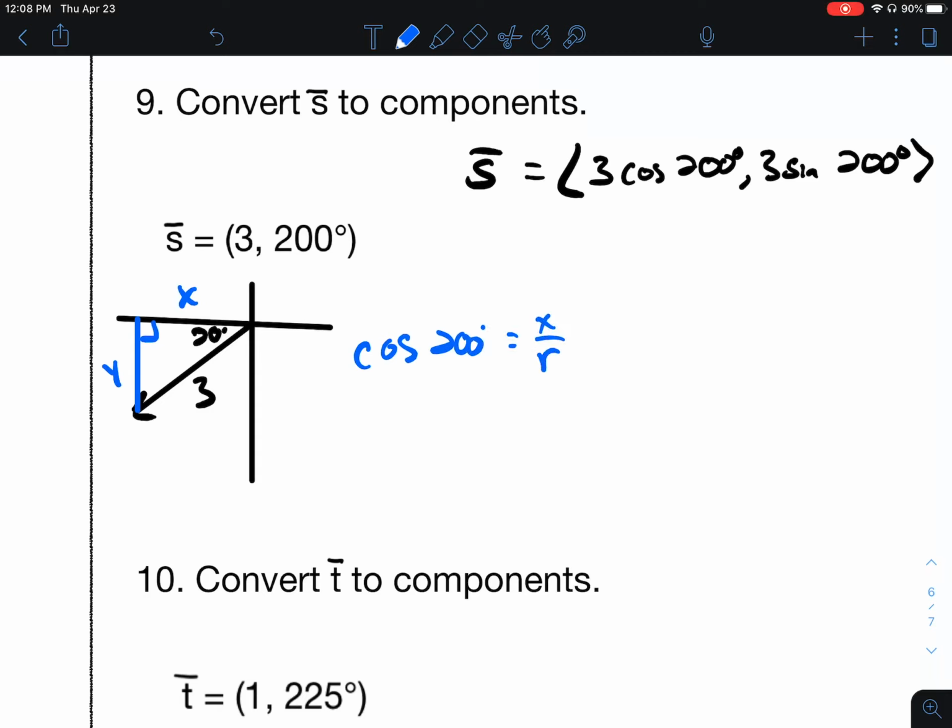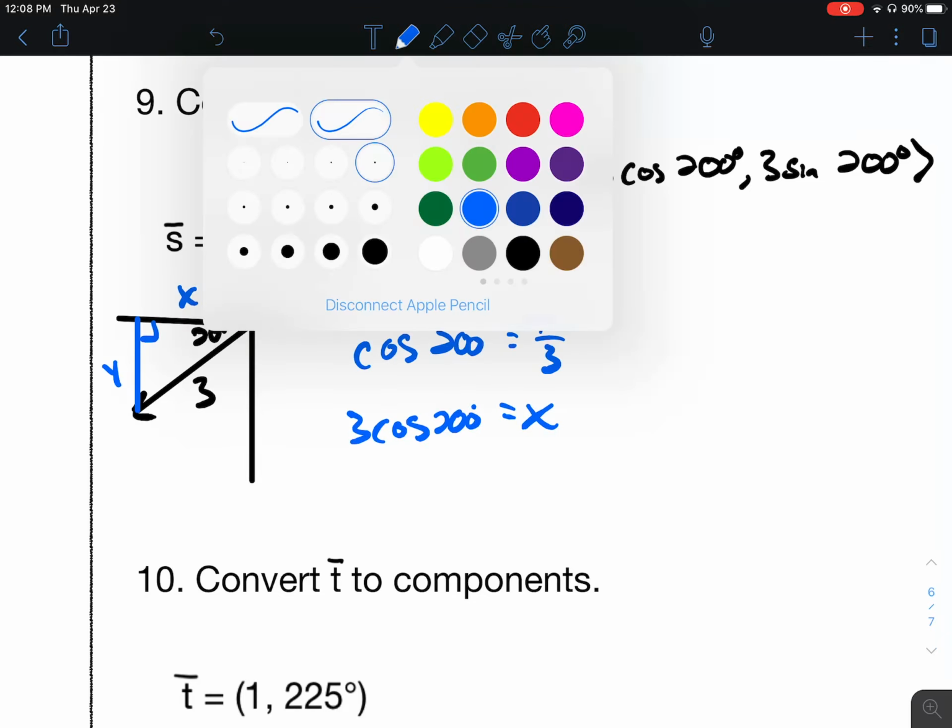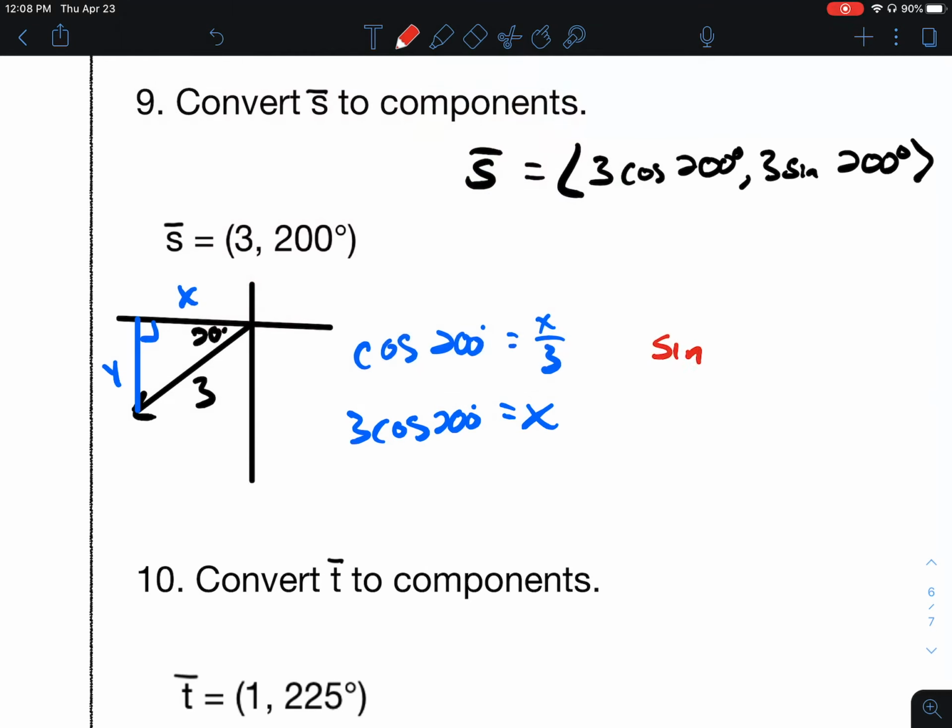And if you multiply it, and we know the r is 3, if you multiply both sides by 3, you get 3 times cosine of 200 equals x. That's how this comes about. And then similarly, you could say sine of 200 degrees is y over r. That's why this is what it is.